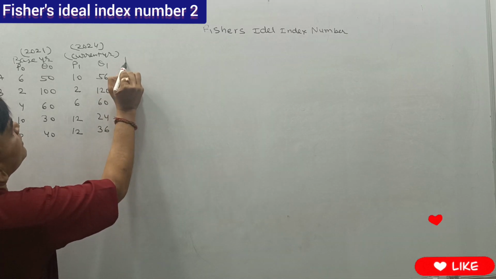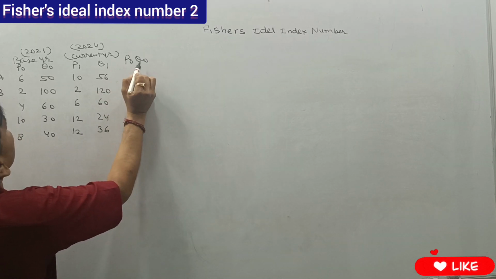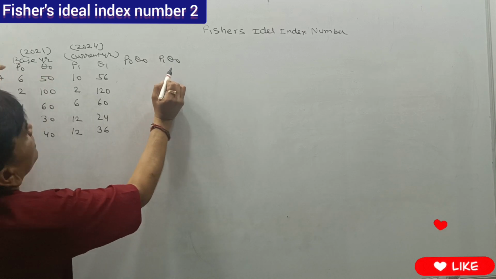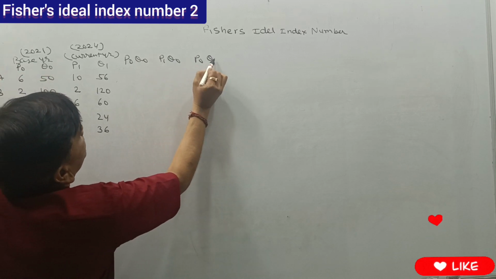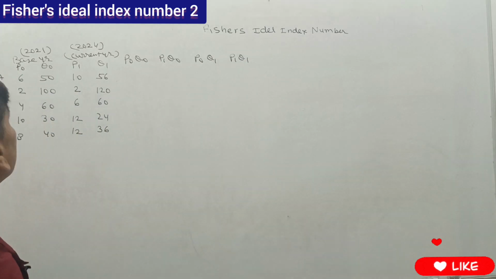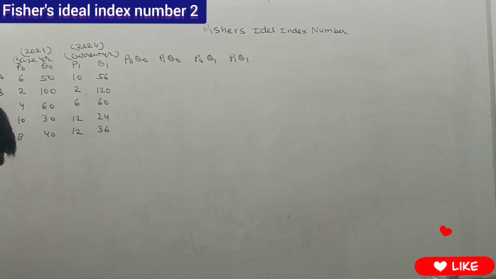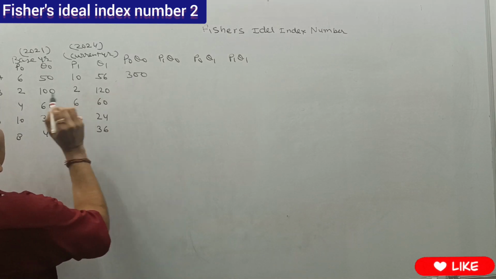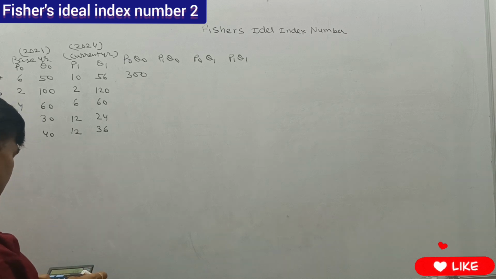First we calculate P0 Q0, then P1 Q0, then P0 Q1, and last P1 Q1. First, 6 multiplied by 50 is 300. Now 2 multiplied by 100 is 200.